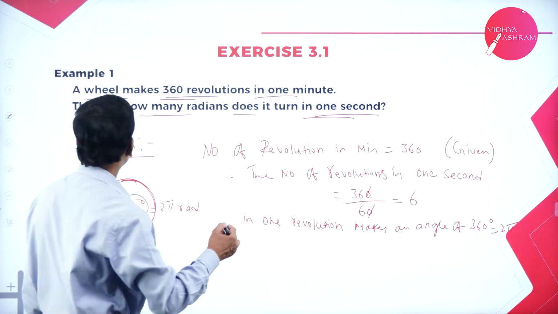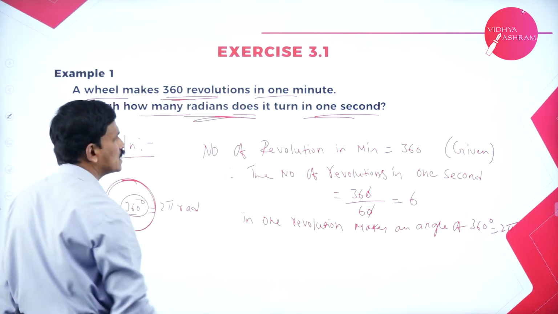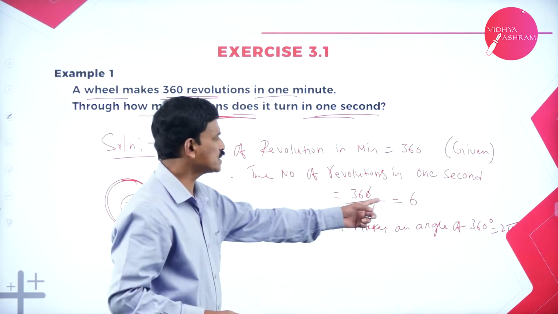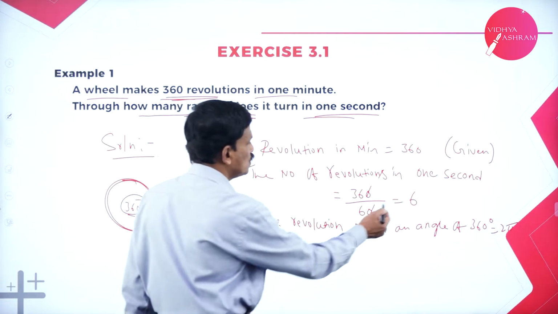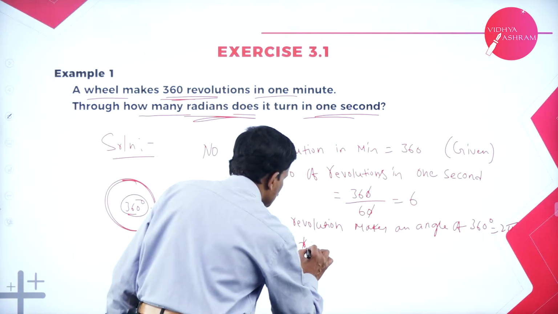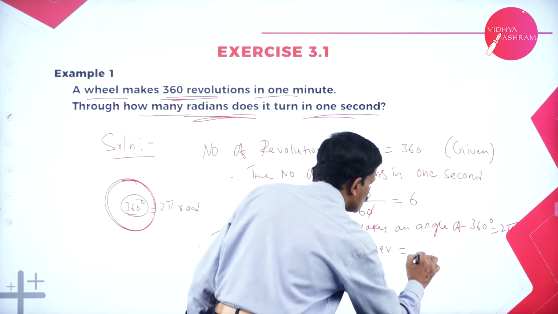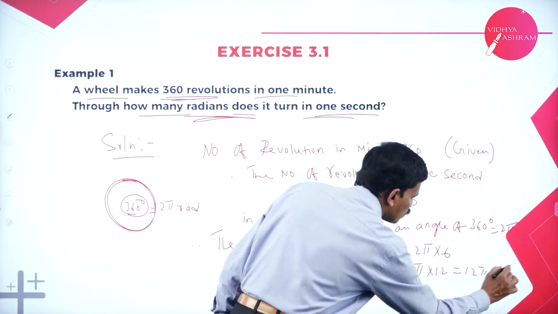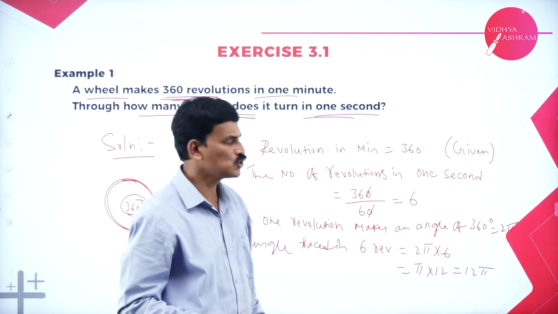So what is required to find now? Through how many radians does the wheel turn in 1 second? For 1 second it will make 6 revolutions. So the angle traced in 6 revolutions is equal to 6 into 2 pi, that is 12 pi.